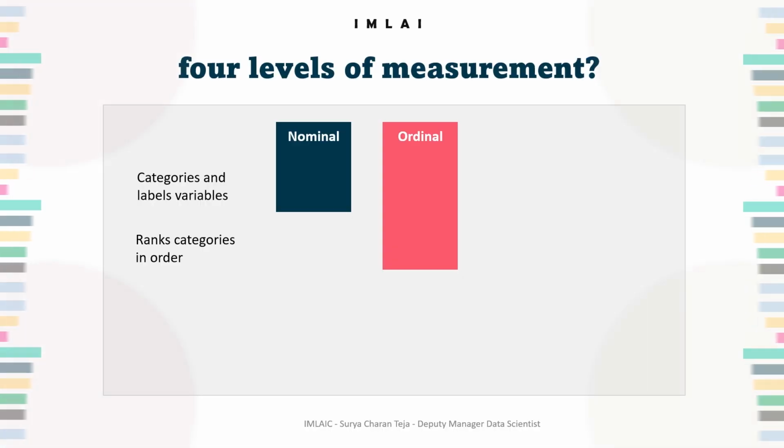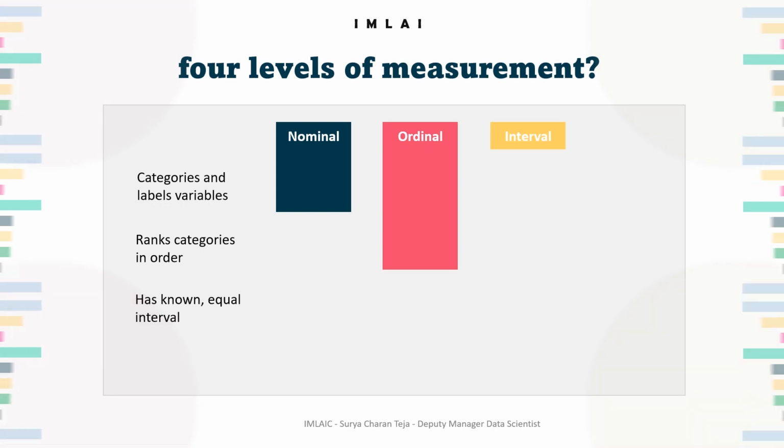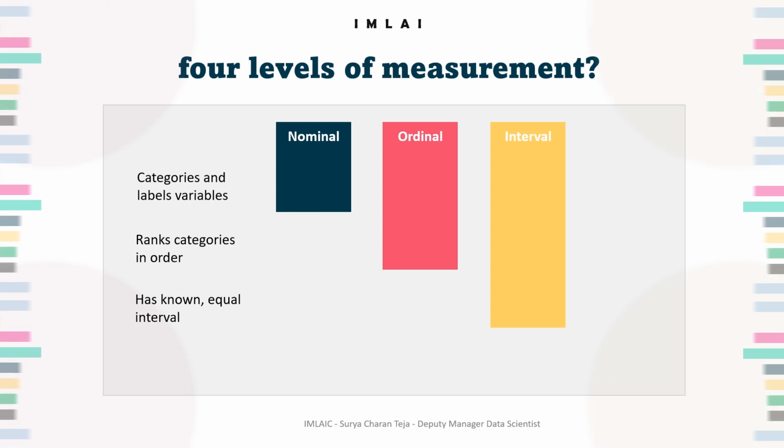Then the third one that we have is the interval level. This level of measurement is used to, first, categorize the data into ordered categories or groups where the relative position or rank of each category is meaningful. So it's covering three things.